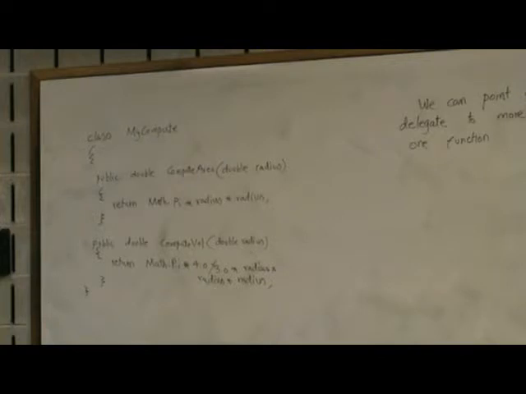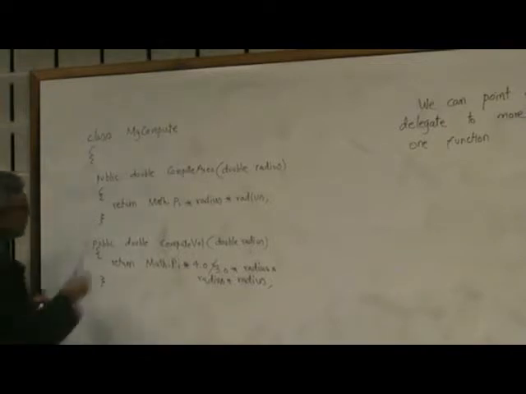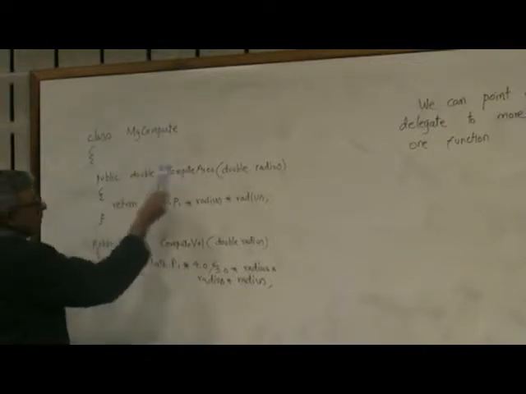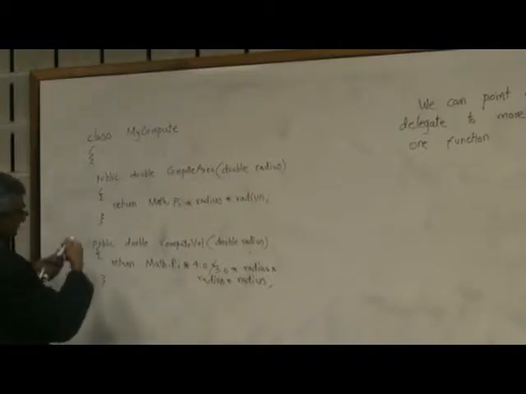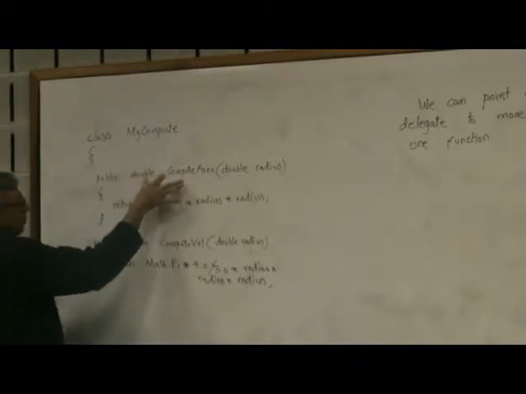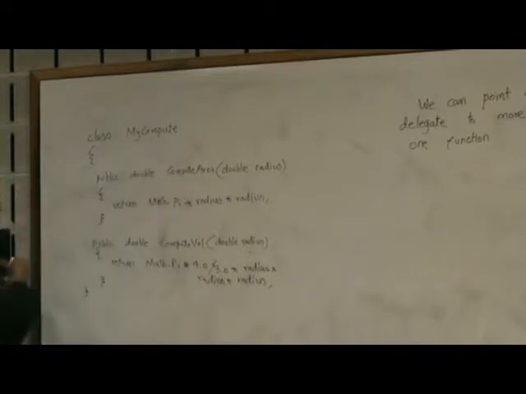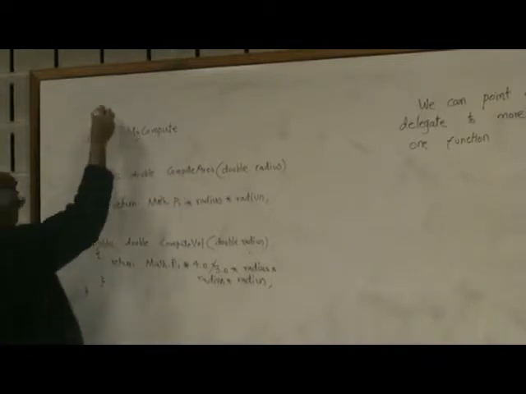Okay, now we wanted to create a delegate so that we can point to both of these functions, right? If we take a look at the signature of both of these functions, what kind of return do these functions give us? Double. And take a parameter of type double, right? So let's create a prototype to match the signature of the function we are interested in pointing to.